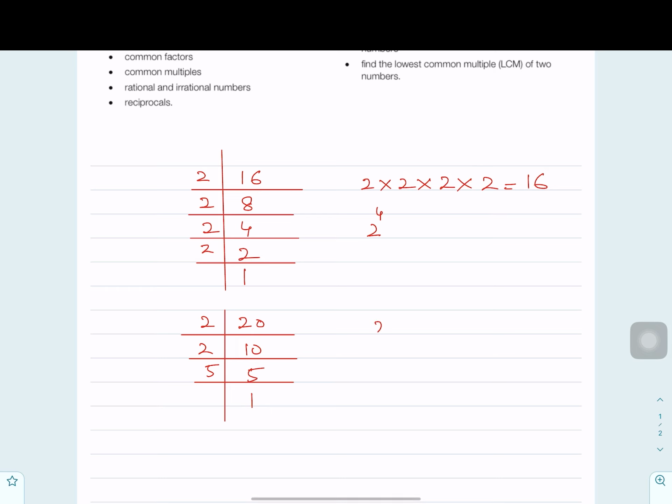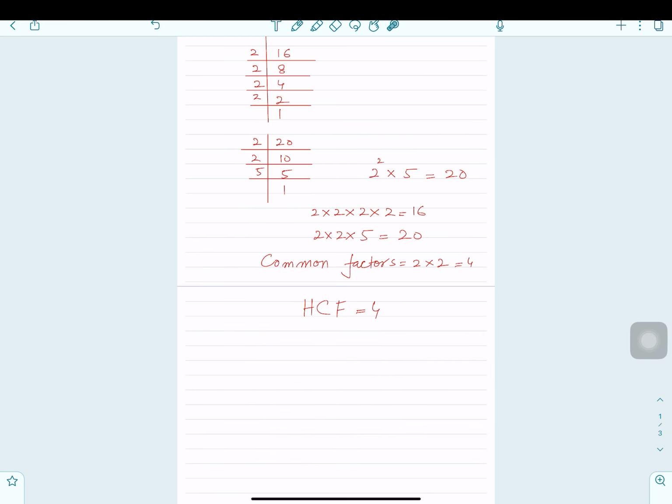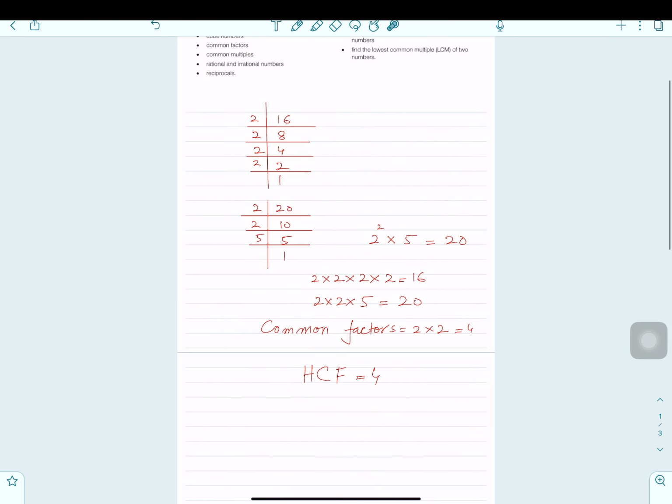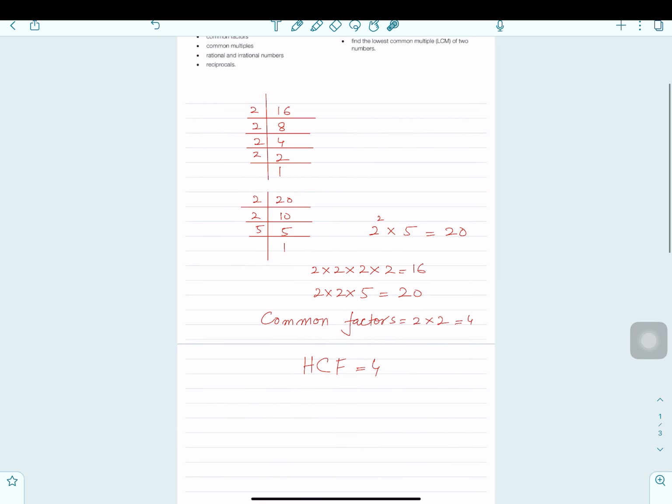And now you have 2 times 2 times 5, which is 20. Or you can write 2 power 2 into 5, which is again 20. And similarly, the first thing that we have learned is highest common factor, right? And that is basically the number that can divide 16 and 20 evenly. That is called highest common factor.